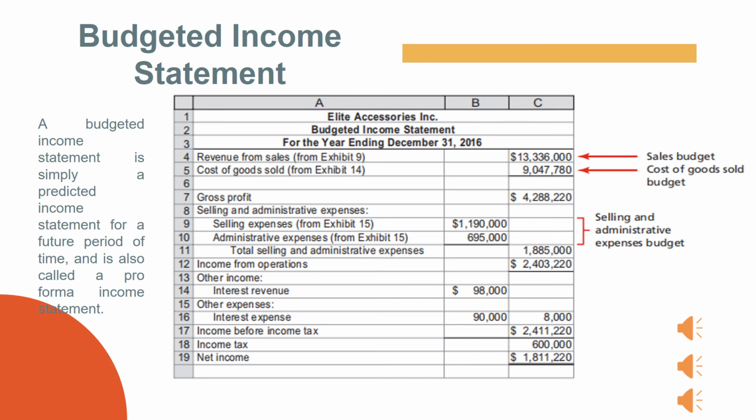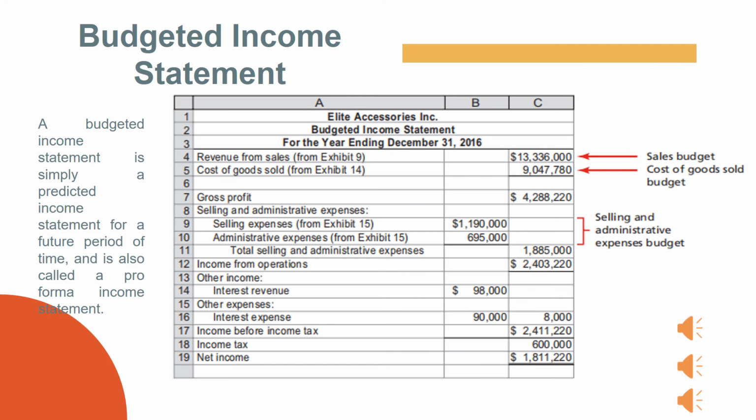Next, you deduct your selling and administrative expenses from your gross profit. If you remember, we already prepared this a while ago from our selling and administrative expenses budget. And then you would be able to have your income from operations, which in this case is $2.4 million.